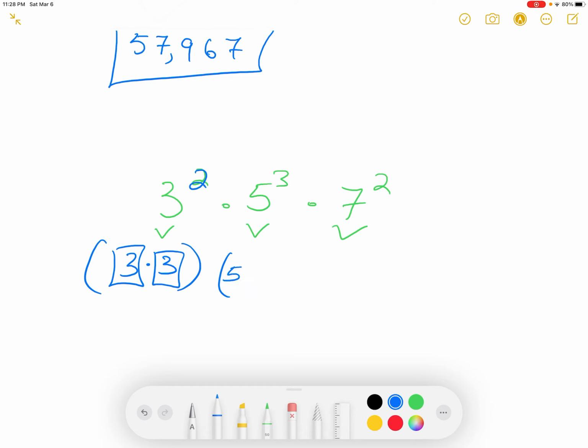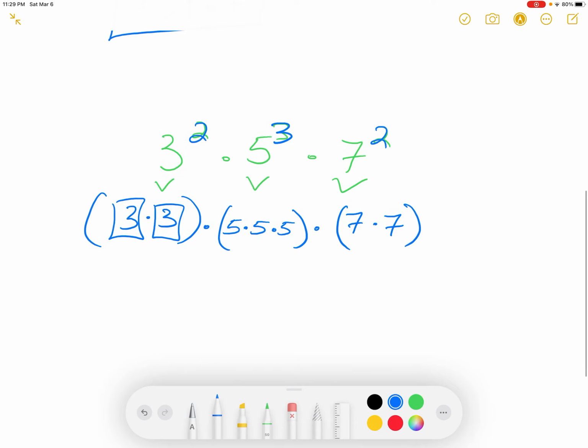This is going to be 5 to the third power, so it's 5 times 5 times 5 for the 3 up here. And this one's going to, don't forget your times signs in there, 7 to the second power, it's going to be 2 sevens. And so you can solve what you know.